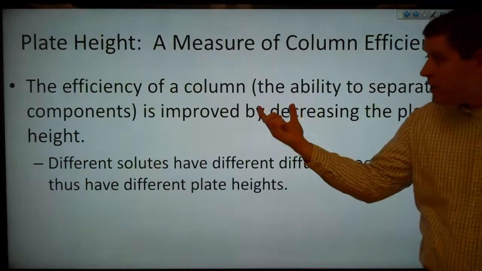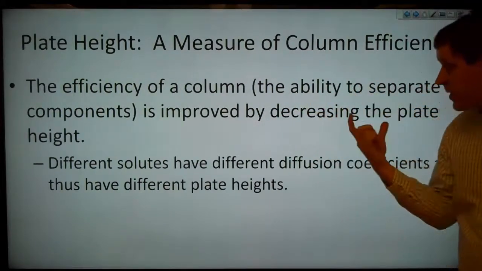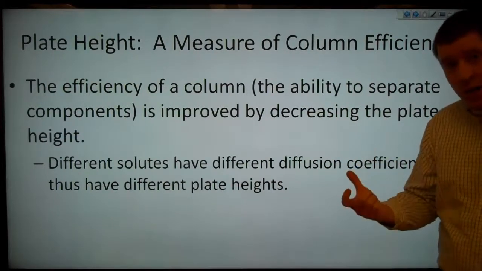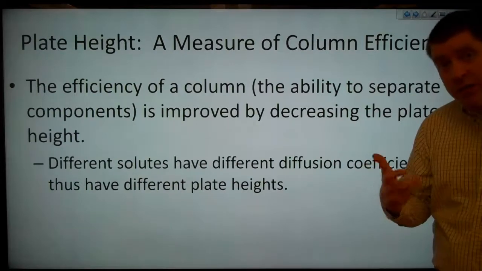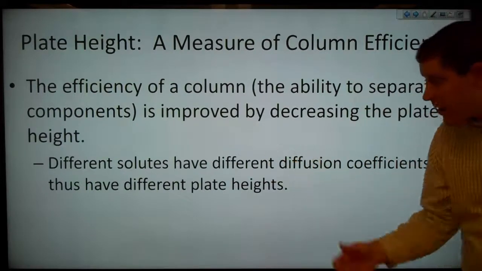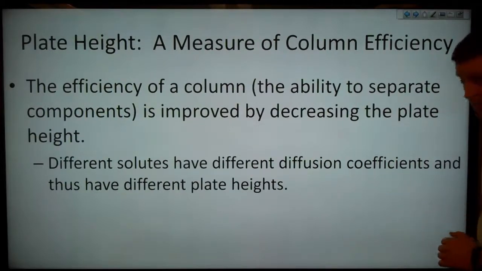And so the efficiency of a column, which is the ability to separate components, is improved by decreasing that plate height. Decreasing the plate height will increase the number of plates on the column for a fixed length of column. Now, different solutes have different diffusion coefficients, and thus they have different plate heights on any given column.